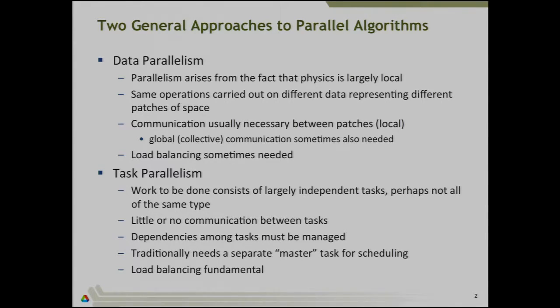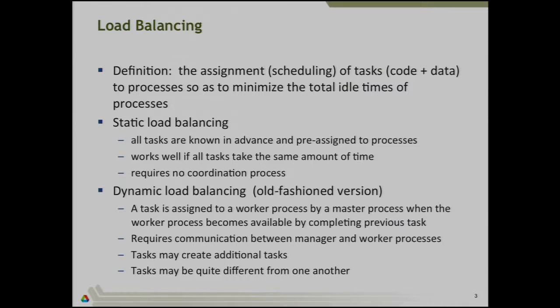And load balancing is completely fundamental because these tasks may not be related in size or duration. What I mean by load balancing is the assignment, that is the scheduling, of a bunch of tasks. A task consists of code plus the data for the code to work on, so as to minimize the idle times of other processes.